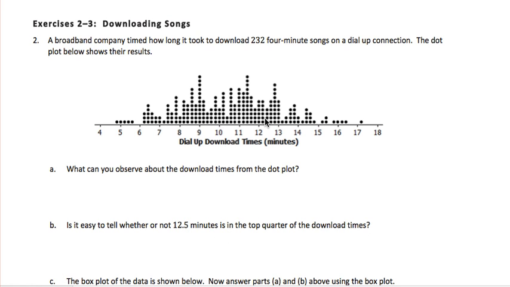So if we look at 12.5, the top quarter, it's not perfectly clear where the fourths are. 12.5 could be right at the third quartile mark, or it could be above or below. It's a little tough to tell exactly which quarter that value ends up in.